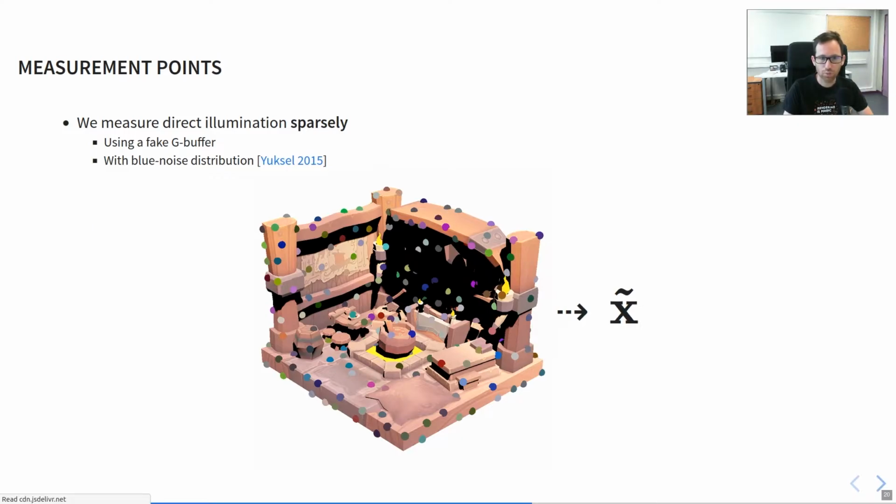For that, we use a small deferred shading path on a fixed G-buffer with precomputed position and normals. These positions are evenly distributed using sample illumination, and you can see them on the screen. This permits us to build a database of direct illumination measures and evaluate it during runtime.